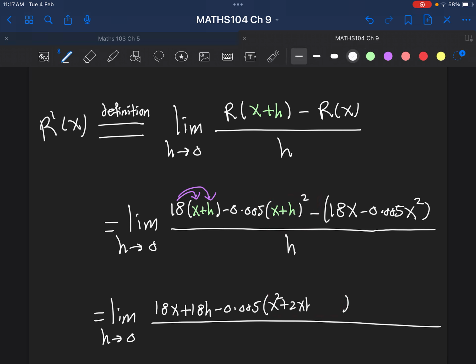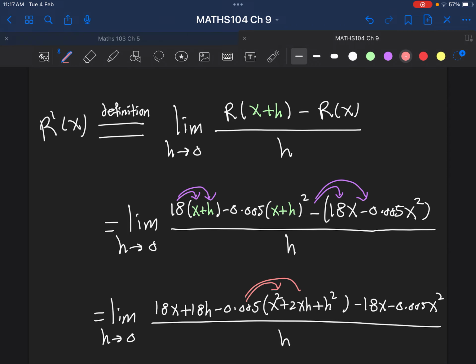So this will be straightforward: x squared, 2xh, plus h squared. Next, the minus will go inside. So it will be just negative 18x, negative 0.005 x squared, divided by h.